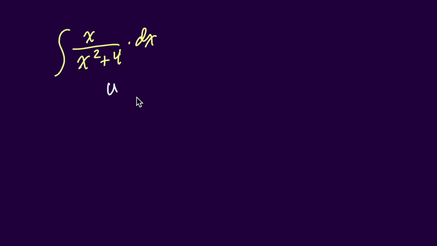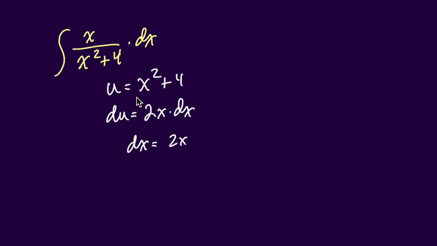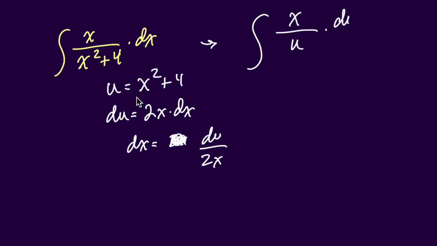We're going to let u equal the denominator, which is x squared plus 4. du is going to equal 2x dx, and our dx is going to equal du over 2x. So rewriting this integral, we're going to have x over u times du over 2x.